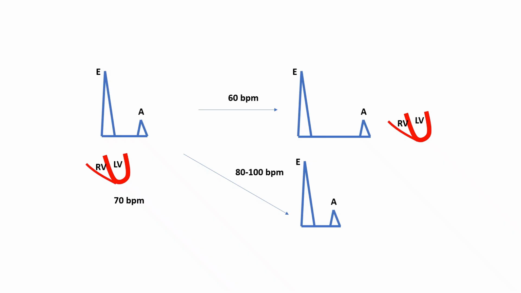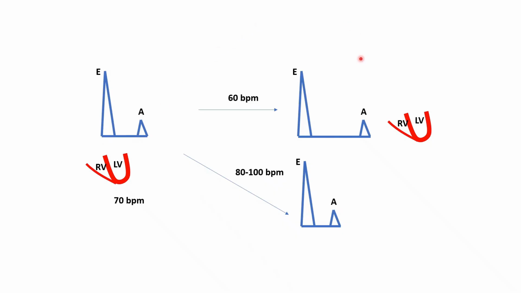You give them more time to fill, they are going to waste that time and are not going to fill more and increase the stroke volume. This is the diastolic filling of a severely restricted heart failure with preserved EF at a baseline heart rate of, let's say, 70 beats per minute. And this is the restricted left ventricle. And this is the diastolic filling, E, which is very brief, and A.